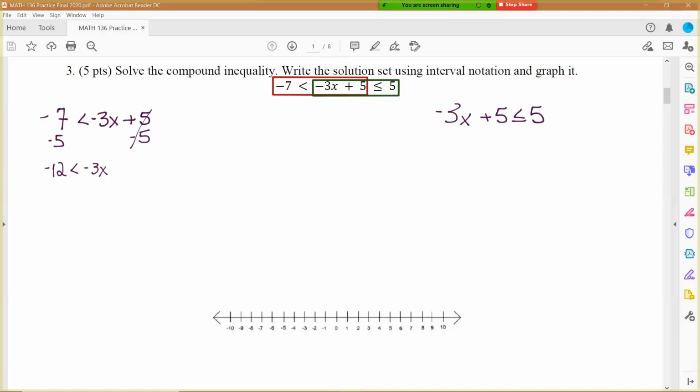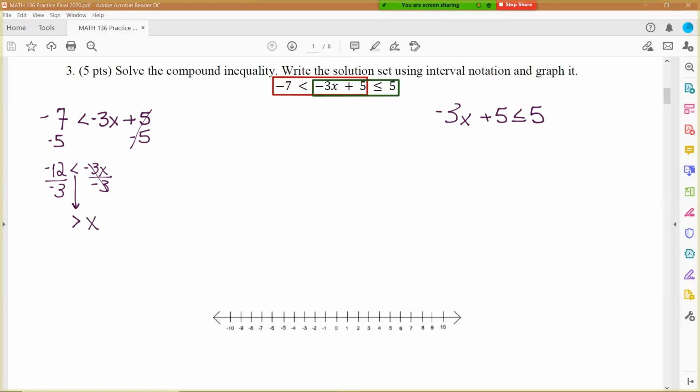To get x by itself, I'm going to have to divide by -3. Anytime you divide by a negative, you must flip your inequality. So my inequality is currently less than, now it's going to be greater. On the right side, the -3's cancel, leaving you with just x.